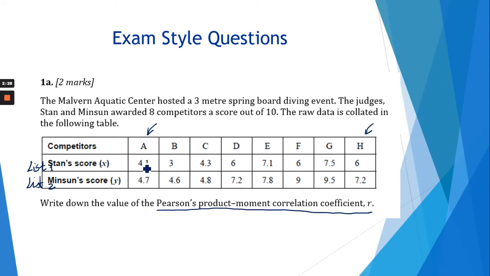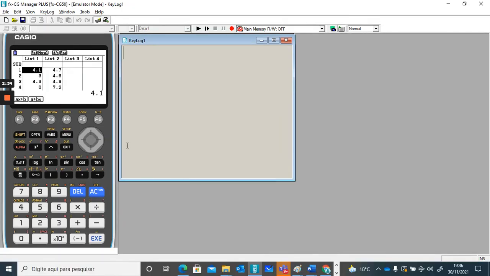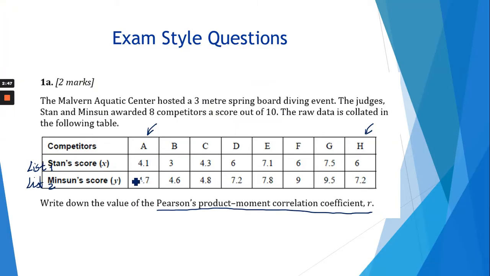So list 1 is 4.1, 3, 4.3, 6, etc. Just checking here, 4.1, 3, 4.3, 6, and etc. And on list 2, you just put the same data that is on the table here.